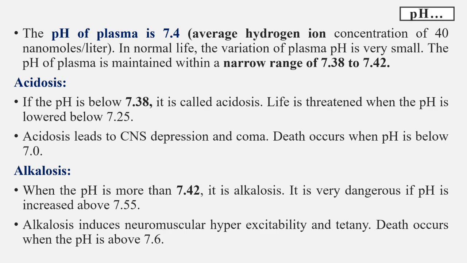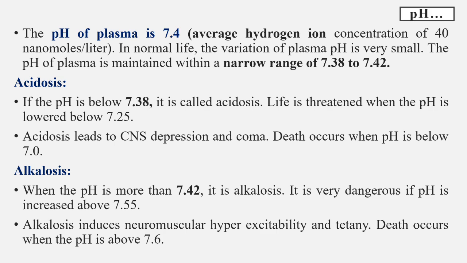If pH is below 7.38, it is called acidosis. Life is in danger when pH decreases below 7.25. Acidosis leads to CNS depression and coma. Death occurs when pH is below 7.0.